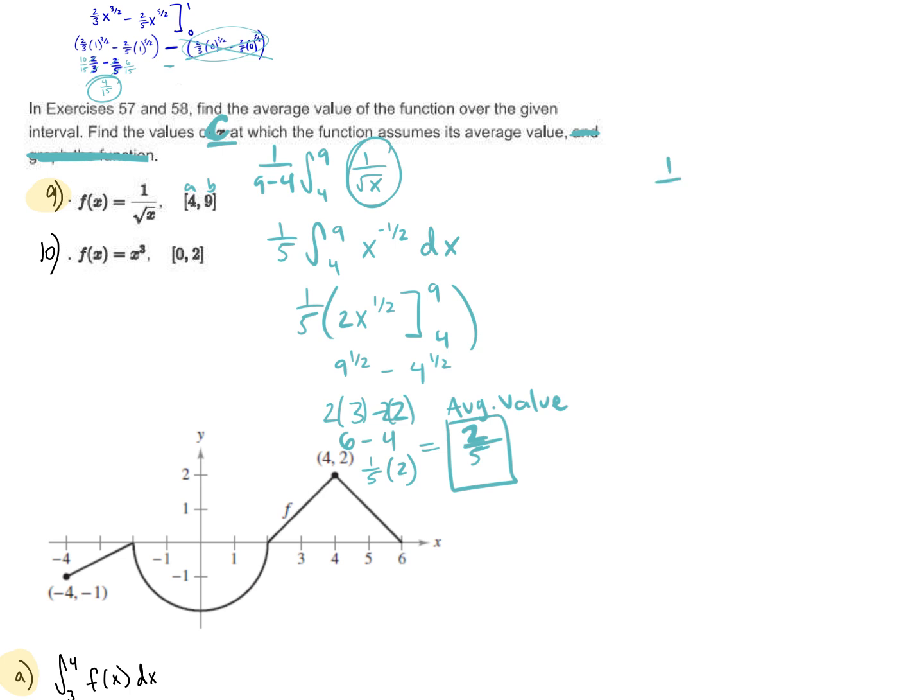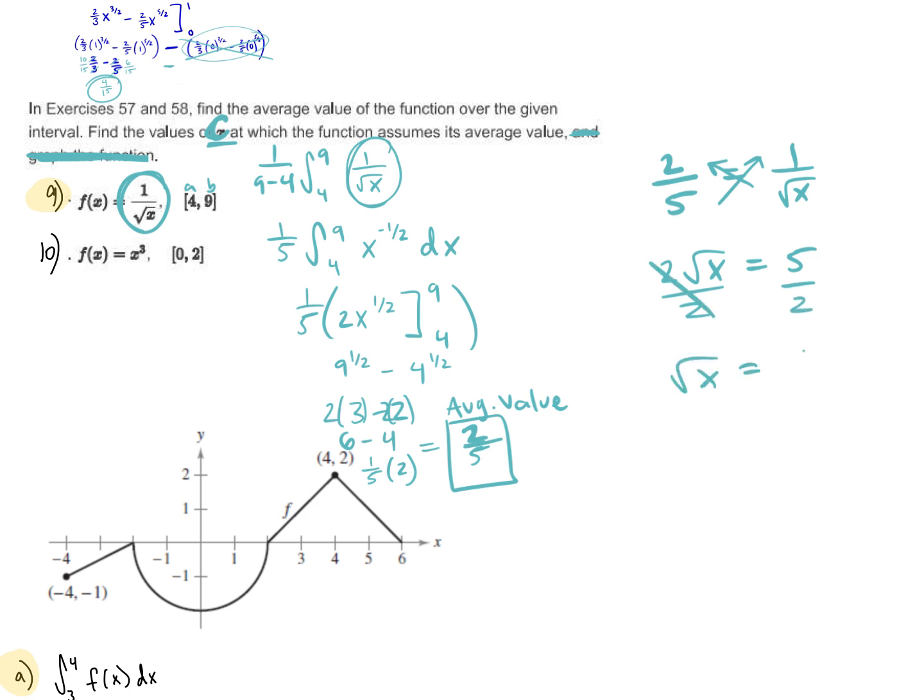We would set our, yes, perfect. I didn't think you guys would answer. So we would set our average value equal to our function here, 1 over √x. Then from here we could cross multiply to solve. So 2 square root x is equal to 5, divide by 2.